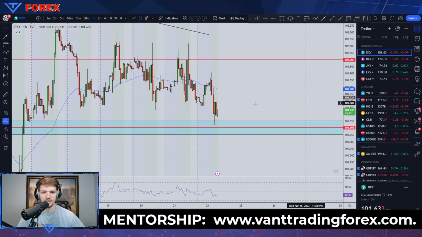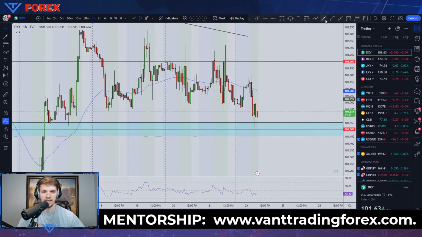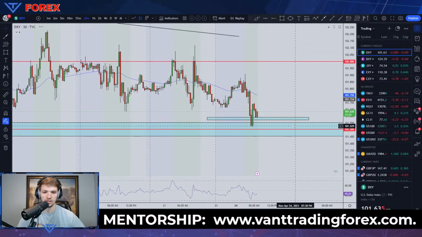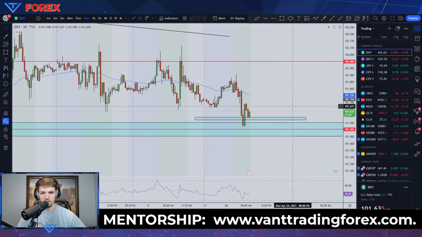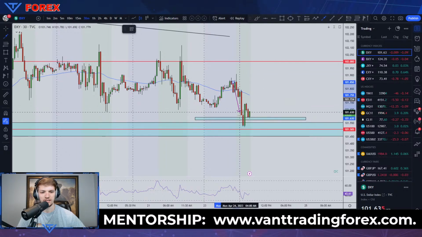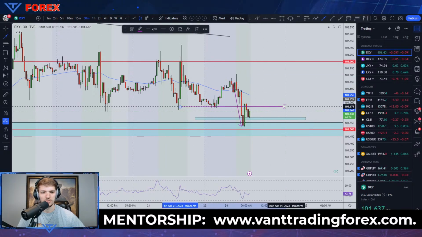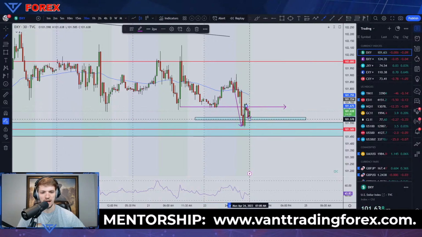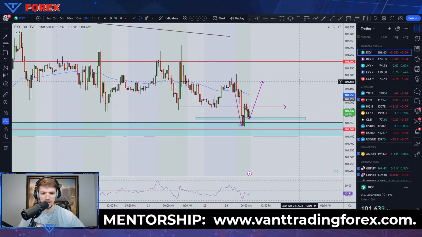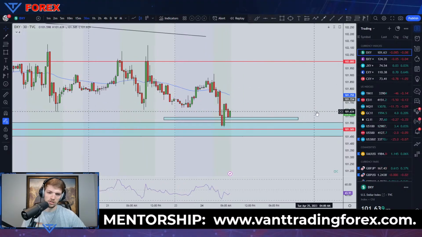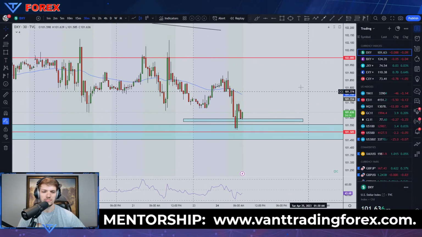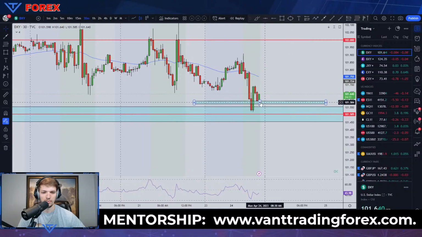However, as we are sitting here, finding some support above this zone, looking for potential buys. You're seeing a drop through the lows of the session. Big retest, higher low, continuation of the upside. So looking for a continuation up from here.